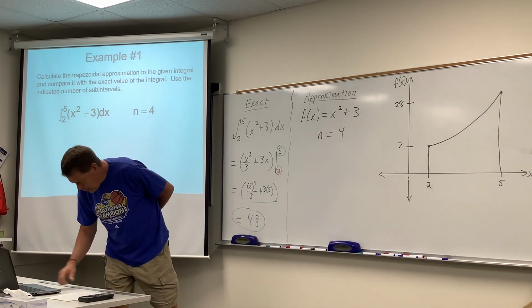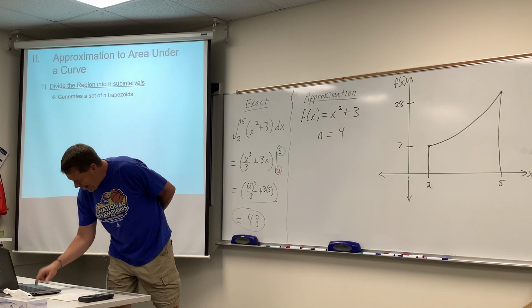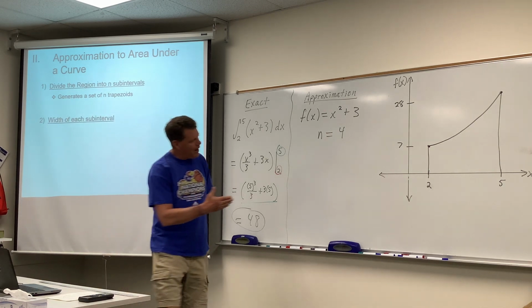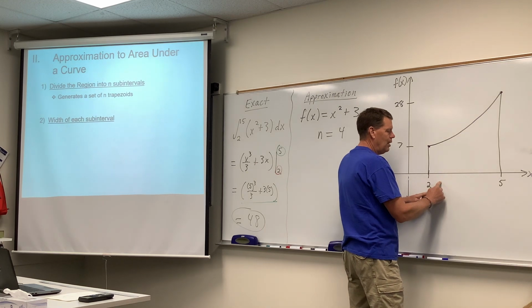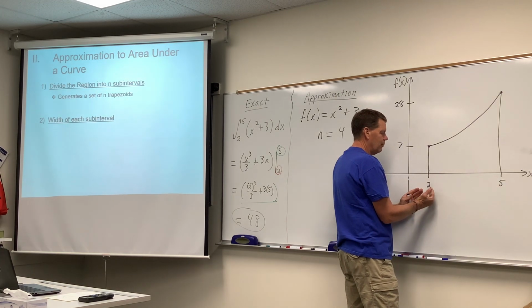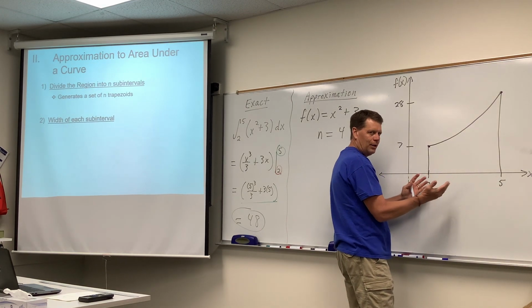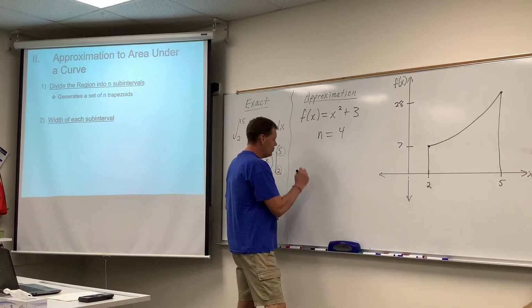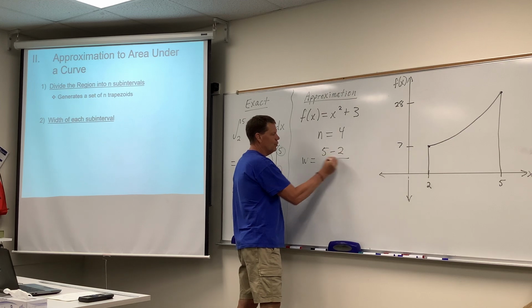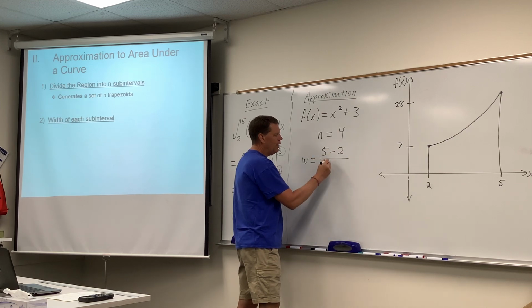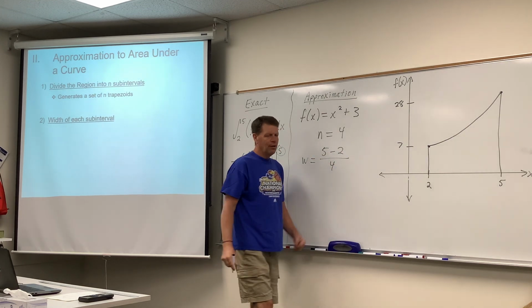So if you want to find out how wide to make each one, if you're going to split this up into 4 equal parts, wouldn't you take the entire width of the interval and divide it by 4? So in general, the width of each one of these intervals for this question would be 5 minus 2, the width of the entire interval, divided by the desired number of subintervals.